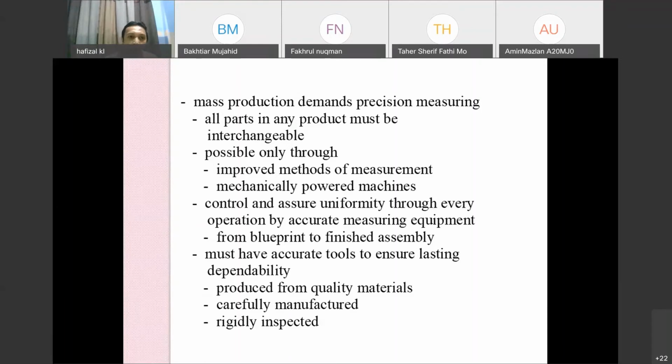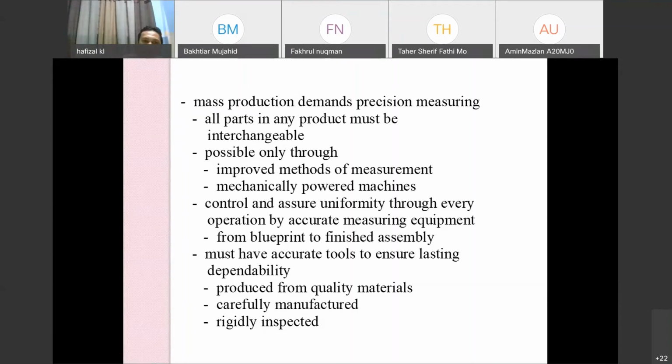All parts of any product must be interchangeable. If you test one product, and then randomly at any time along the production line you take another test, it will be the same.